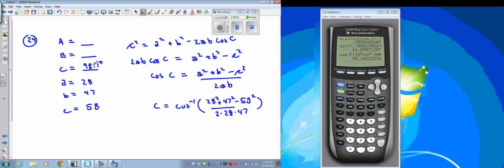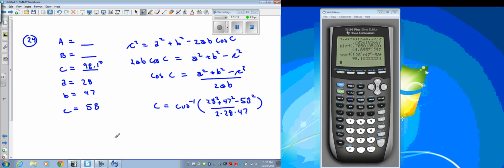Now, if you look in there, it says use the law of sines to find the remaining. So it does not make any difference at this point which one you use. You just pick another one of these and use the law of sines to calculate it.